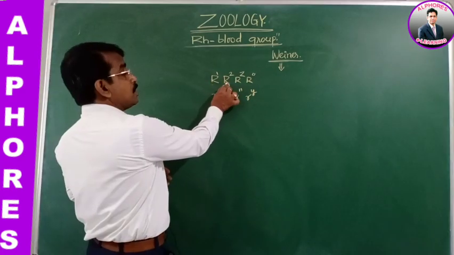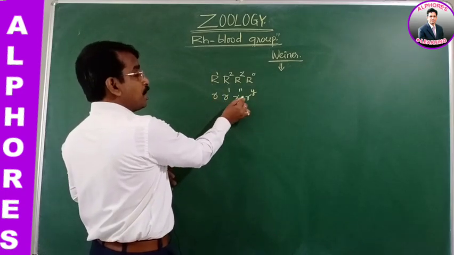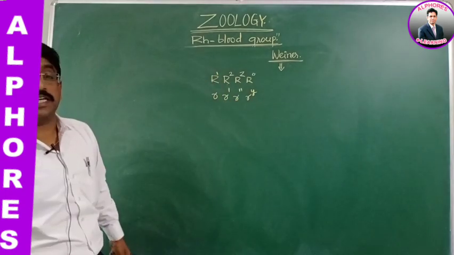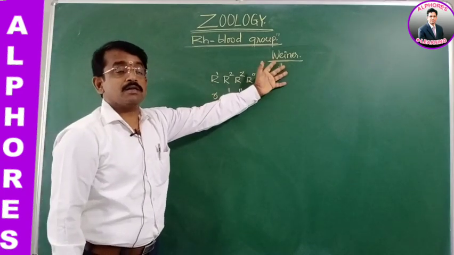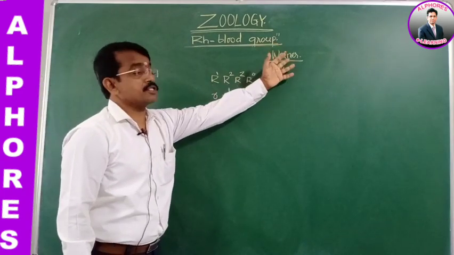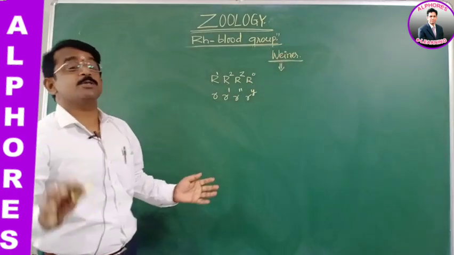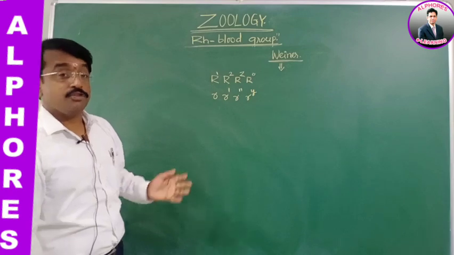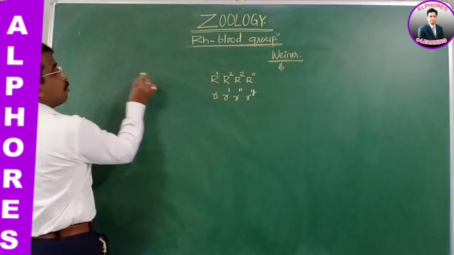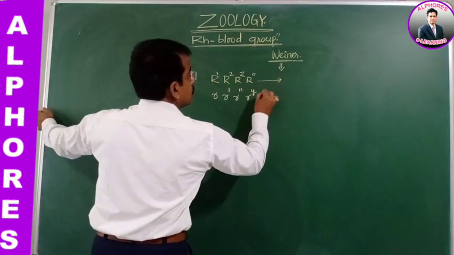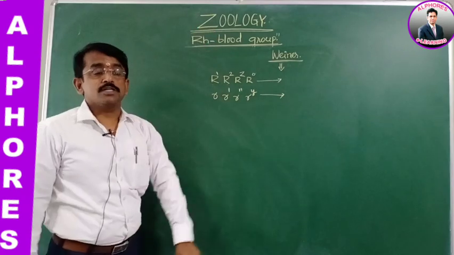It is R1, R2, RZ, R0 and small r, small r1, small r2, small ry. 8 alleles in a single locus determine the Rh positive or Rh negative according to Wiener. It is homozygous and heterozygous, dominant and recessive. So a person who has any of these 4 is going to be determined Rh positive.